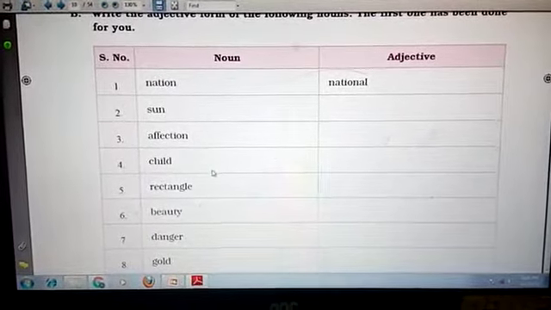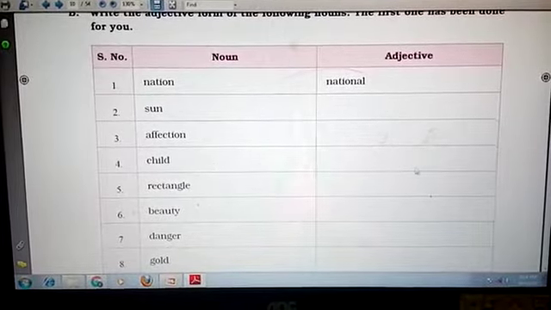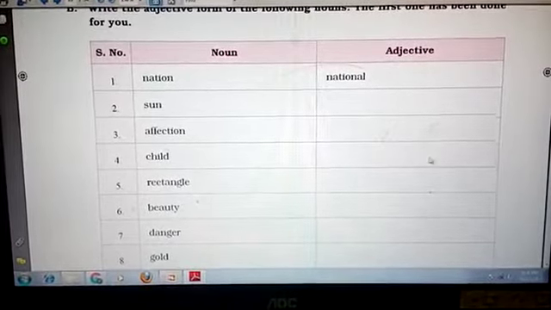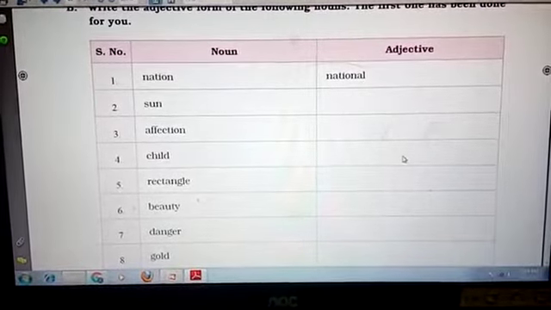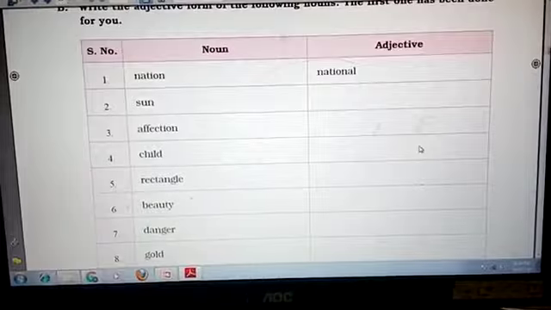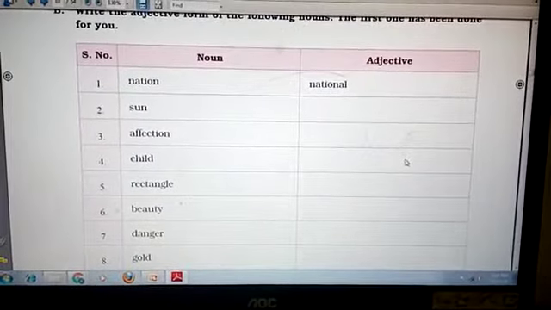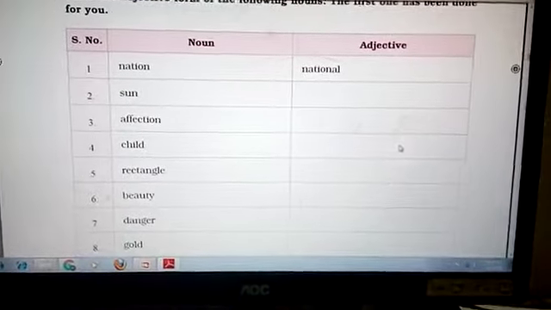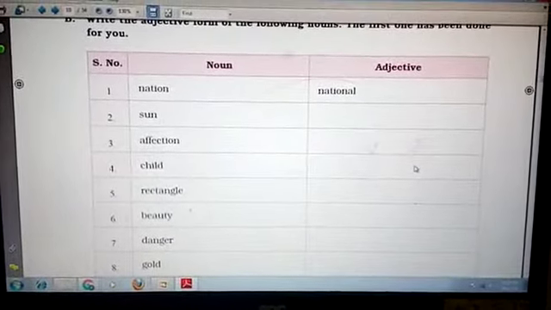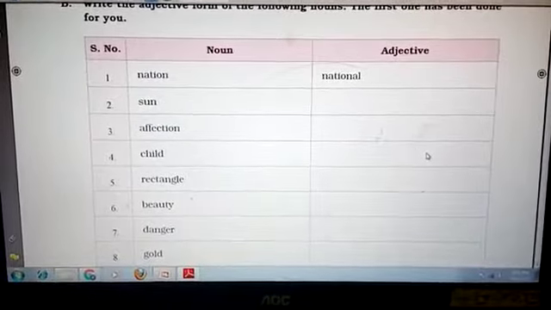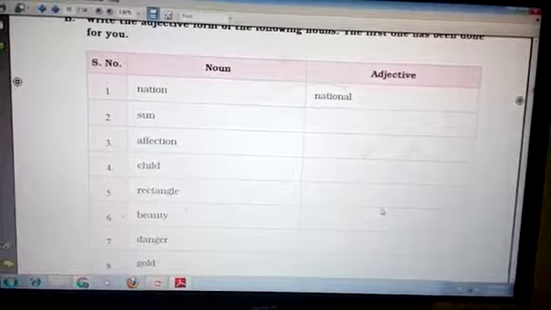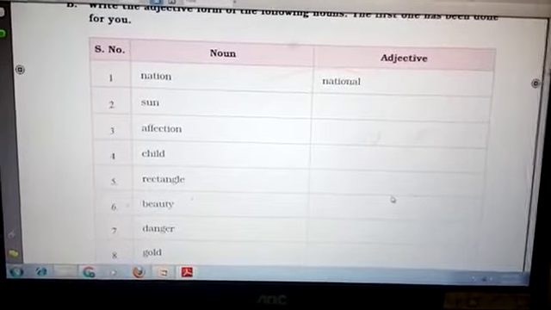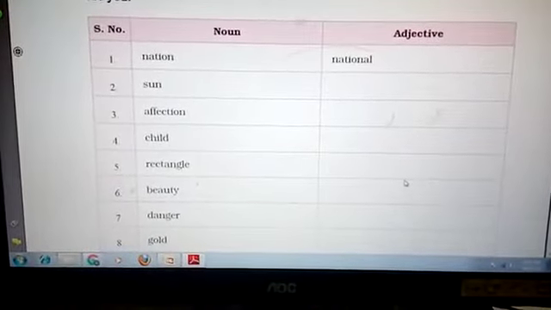The next one is child. Child is noun. What will be the adjective form? Childish. ISH is suffix here. Rectangular. Beautiful. Dangerous.